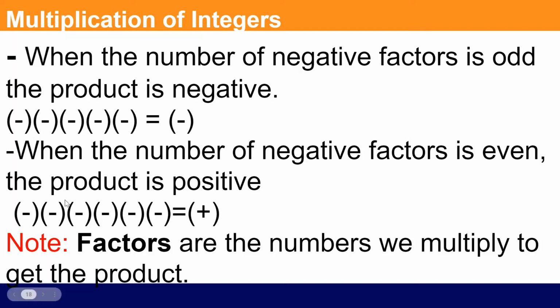Kapag even numbers of negative naman, katulad po nito, 6 na negative, ang answer po doon ay positive. So, note, factors are the numbers we multiply to get the product. So, tandaan, kapag 5 negative, kasi odd po ang 5, so negative po ang answer. Kapag 6 na negative, ang 6 po ay even numbers, ang answer po doon ay positive.